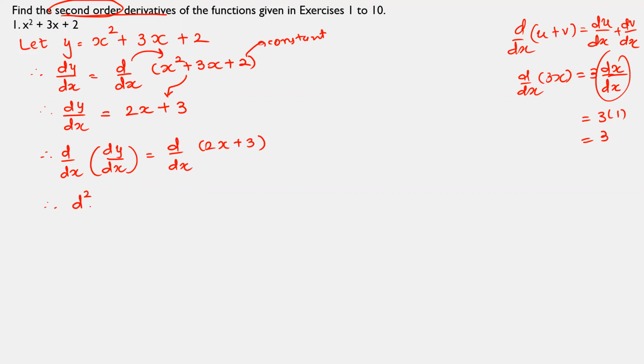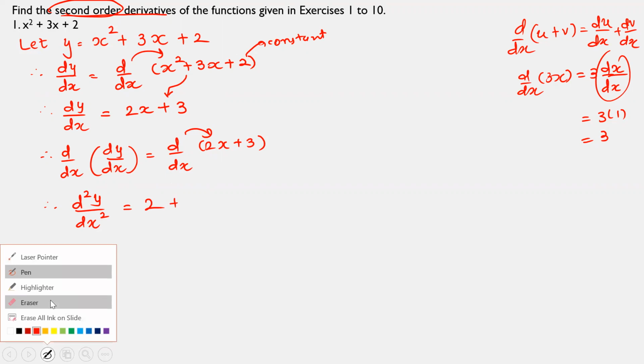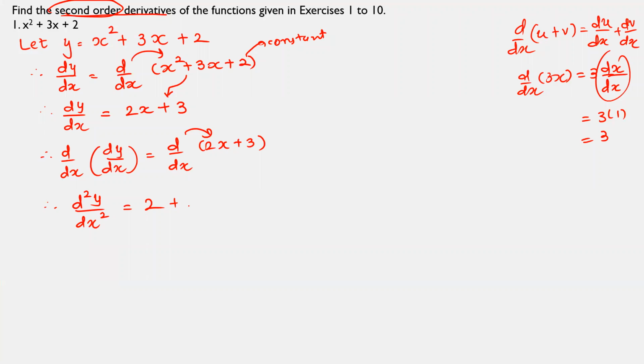That means we state d2y by dx2 is equal to, again the same addition rule, 2x gives 2, because the differentiation of x is 1 with respect to x. Plus 3 gives 0. Okay, so only 2; I would write 0 since I had already written the plus sign. Otherwise, the answer is simple. This is your answer.